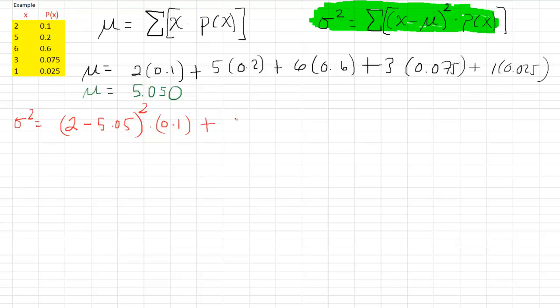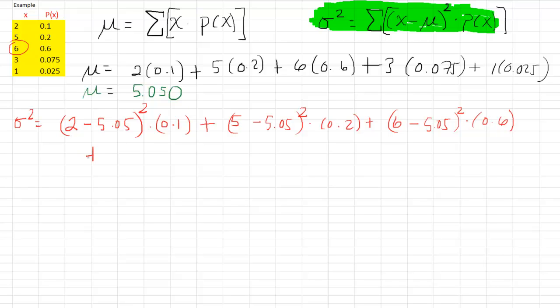Plus, the next one will be 5 minus 5.05 squared times 0.2 plus 6, that's the third one here, minus 5.05, square that after you subtract, and multiply it by 0.6.